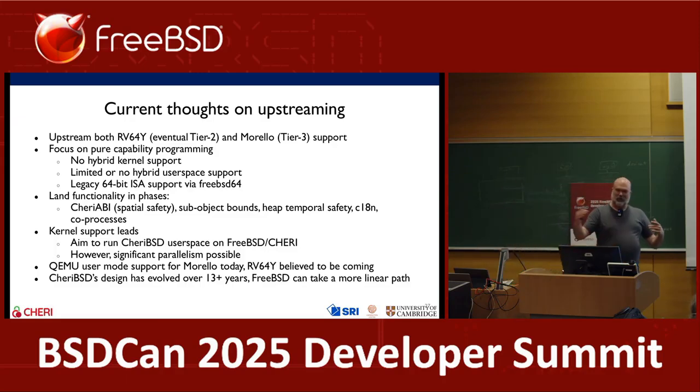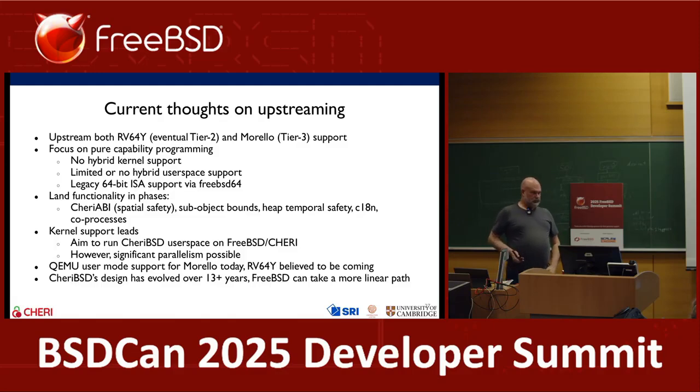So we're going to take a much more straightforward and linear path to capability support in FreeBSD. In particular, we intend CHERI-BSD to continue as a place where CHERI folks will do research. And if anything, we'll have the equivalent of a staging clone of FreeBSD, to pull out a curated history of things.